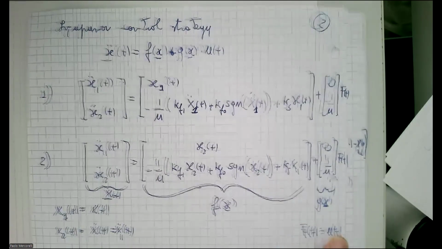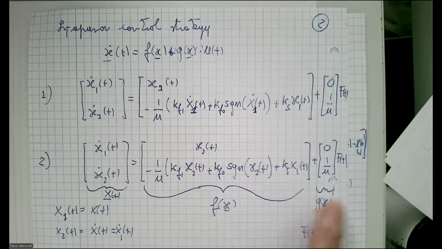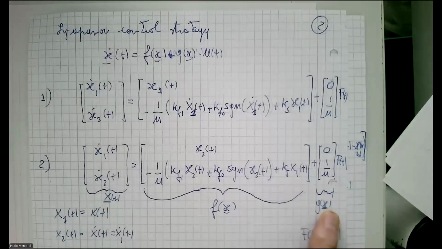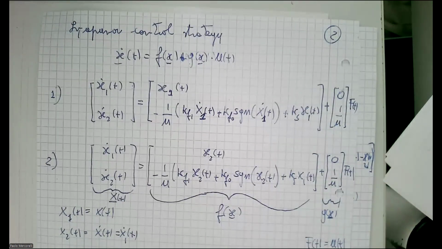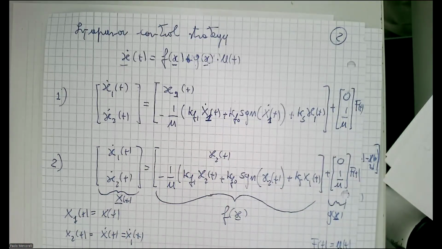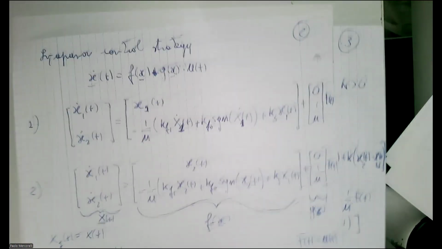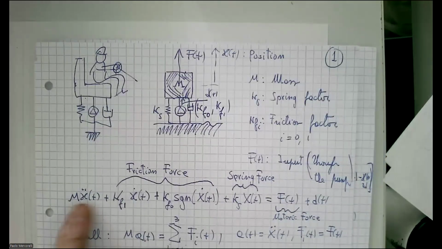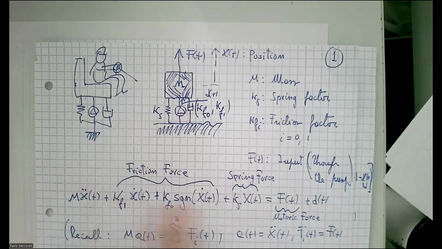Sometimes f of t is equal to u, the input, in the common general expression. In our case, we multiply the field g of x, which in this particular case is a vector. Let me implement this. How can I implement this? If you want, you can consider this more physical expression. Let me show you quickly. Where is Simulink? Here.